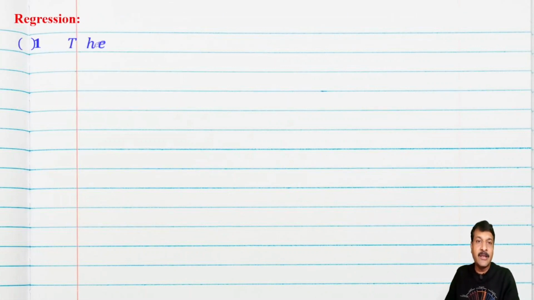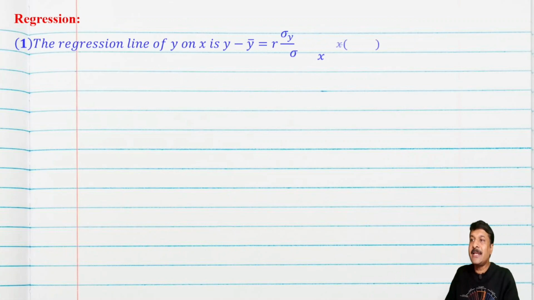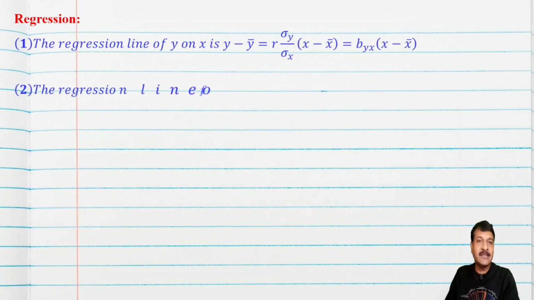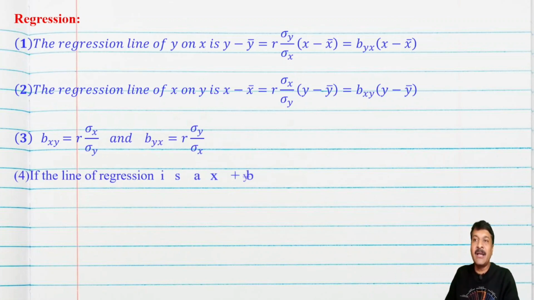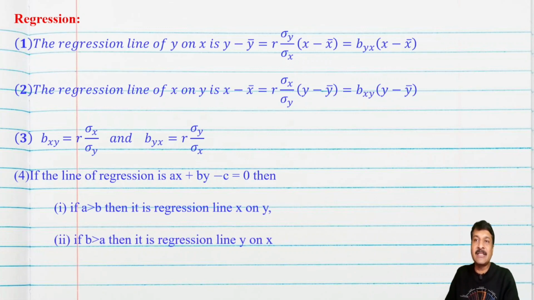Also, you remember the regression lines. There are two lines, y on x and x on y. The regression line y on x is y minus y bar equal to r sigma y by sigma x into x minus x bar, equal to b of yx into x minus x bar.